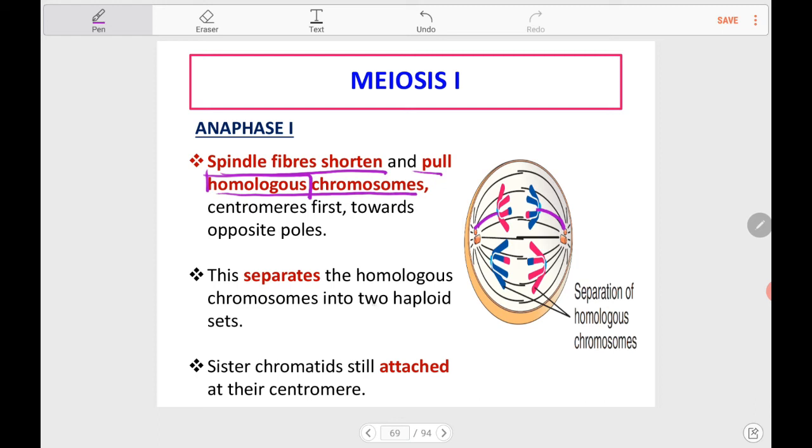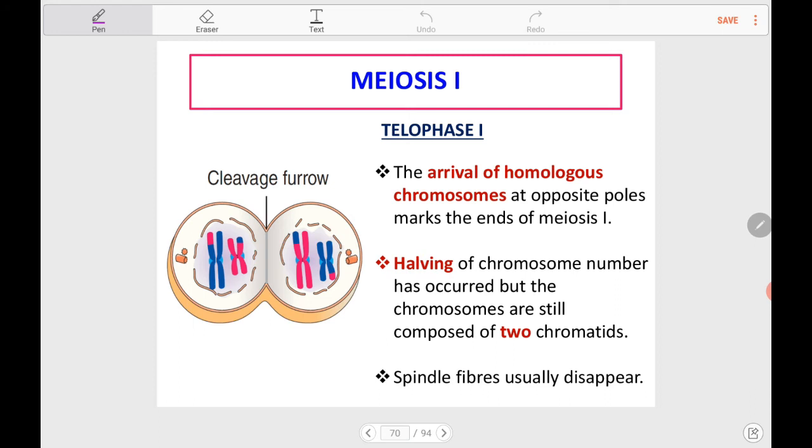So this is why the daughter cell produced during meiosis 1 will become haploid, sebab pasangan homologous chromosome sudah berpisah during Anaphase 1. Next is Telophase 1. So during Telophase 1, the homologous chromosomes which separated during Anaphase 1 already arrive at the opposite pole.